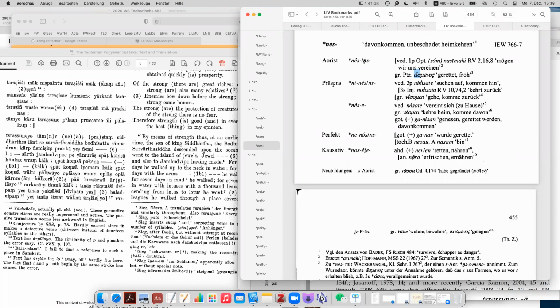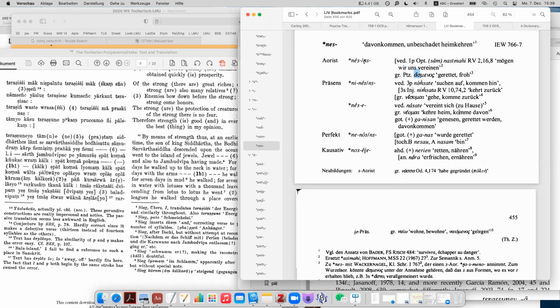Okay, and then the present. We have either a reduplicated present, in Sanskrit nimsati, called 'aufsuchen' or 'hinkommen', or in Greek nisomai, called 'gehe' or 'komme zurück'. Also in Sanskrit we have another form called nasate.